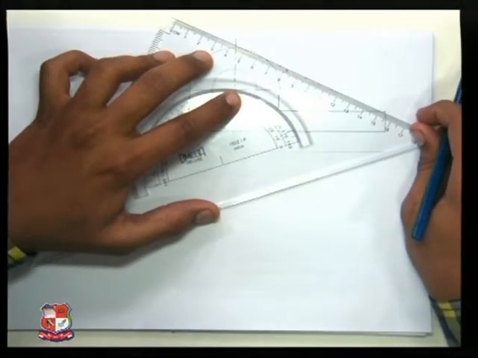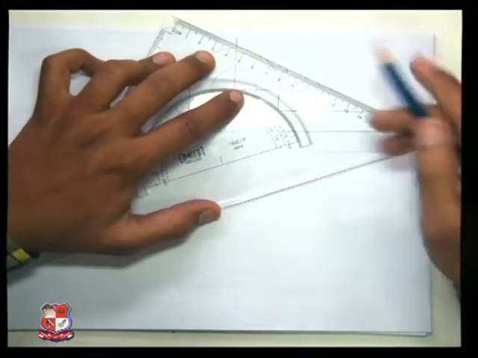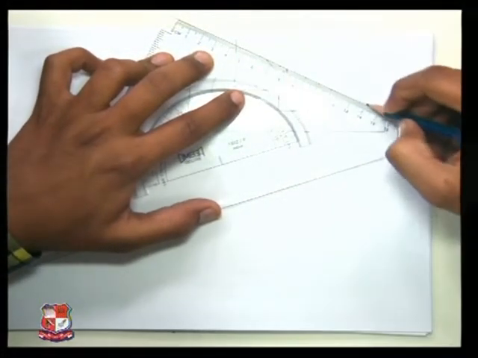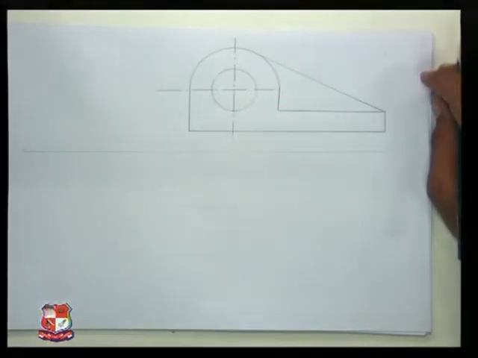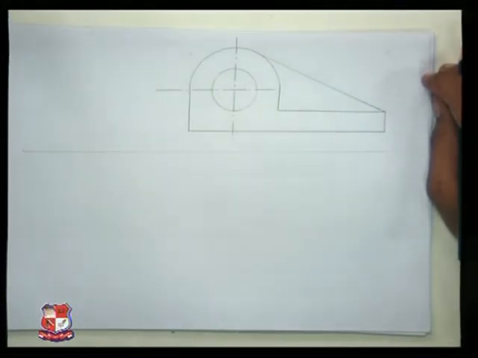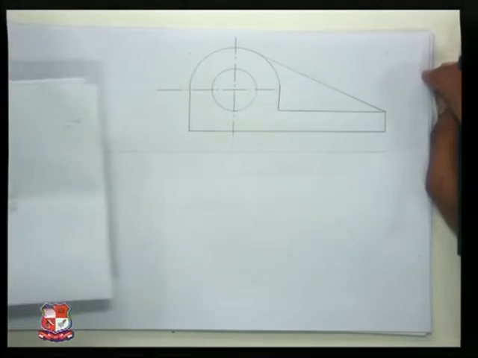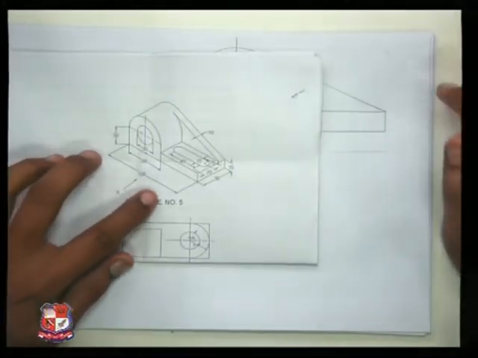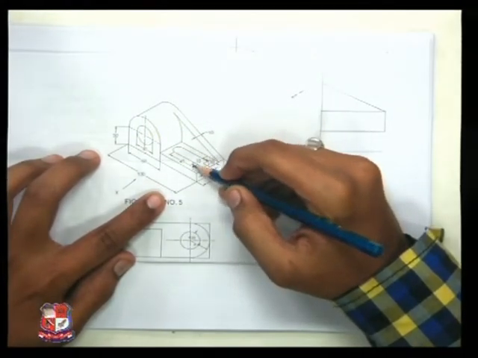Tangent means the line is intersecting the circle at only one point, so that's why I set the scale like this and draw a tangent line. Now all visible objects have been drawn. Now it's about hidden lines. So over here a set of grooves has been given.